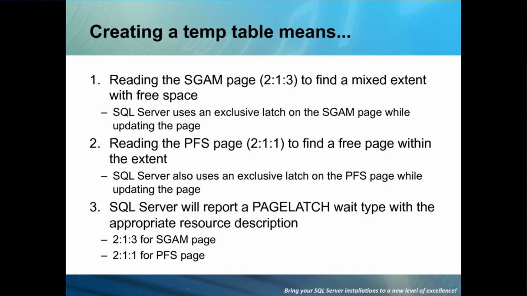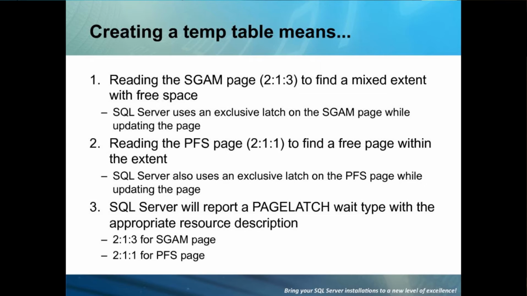Here you can see what happens when we are creating a table in SQL Server, or a temp table in TempDb. The first step: SQL Server has to read the so-called SGAM page, shared global allocation map page, to find a mixed extent which has at least one free page available.